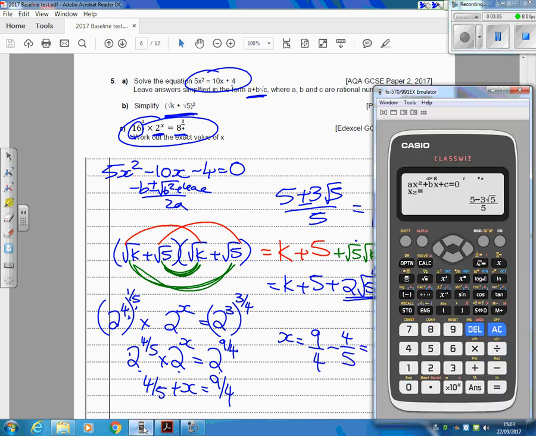If you can't, don't panic, just type in 9/4, take away 4/5, and it will tell you that you've got, whoops, I put 20/5, sorry. It's 29 over 20. We accepted 1.45 because that is an exact decimal answer, but do be careful about changing things to decimals.